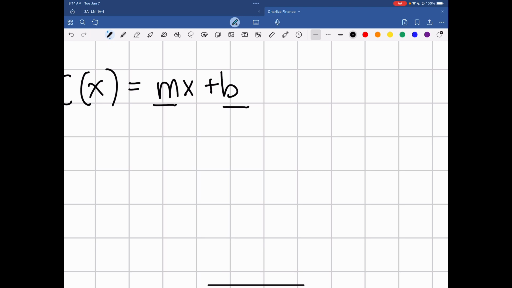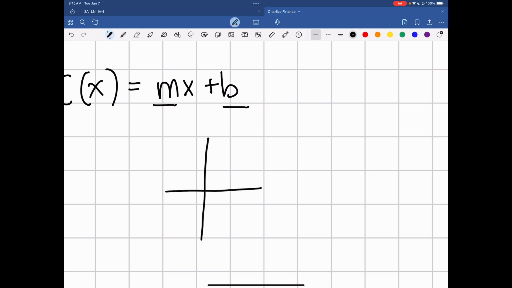How much does manufacturing one extra piano do to the total cost? And b is the intercept, but it's also the starting rate.